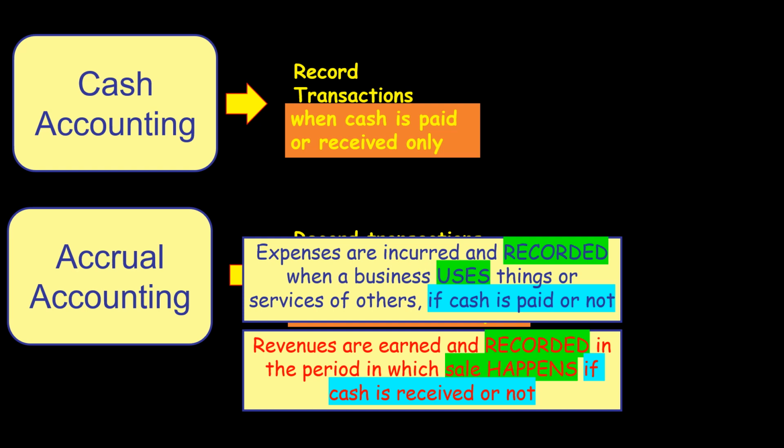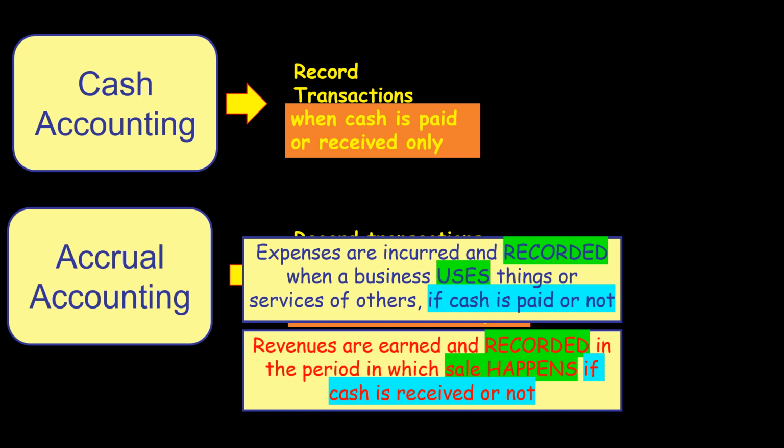Now, these differences give rise to two important things that are a big difference between cash accounting and accrual accounting. Since cash accounting only records transactions when cash is received or paid, we will have no liabilities here. And similarly, there will be no receivables.